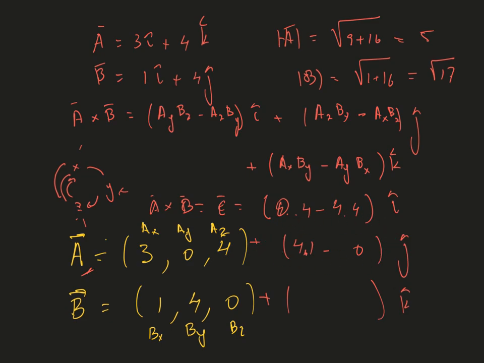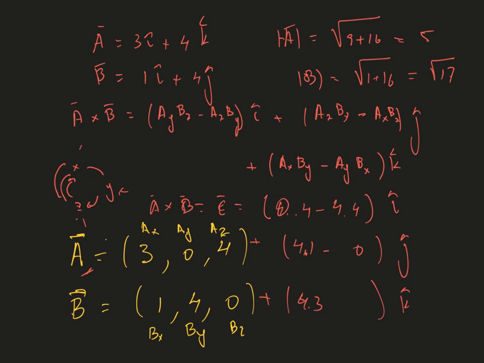So it's okay. Here AX by BY, AX is 3, BY is 4, is 12, 4 by 3.